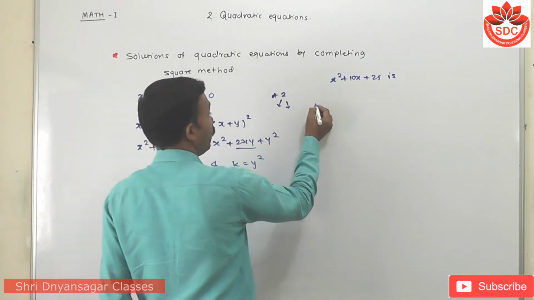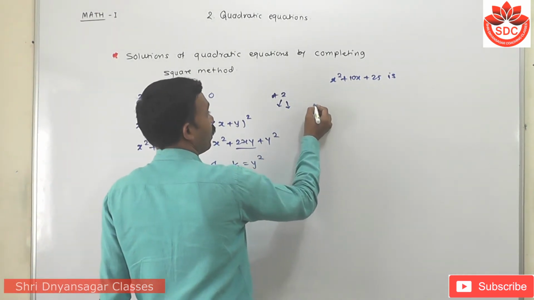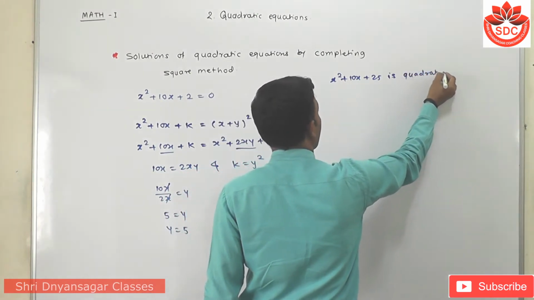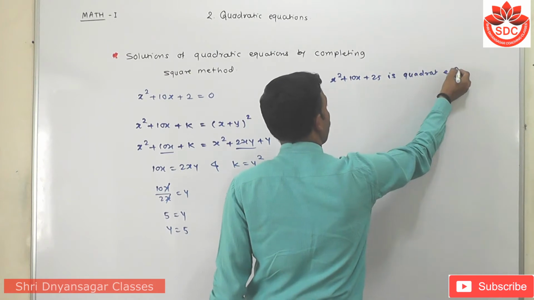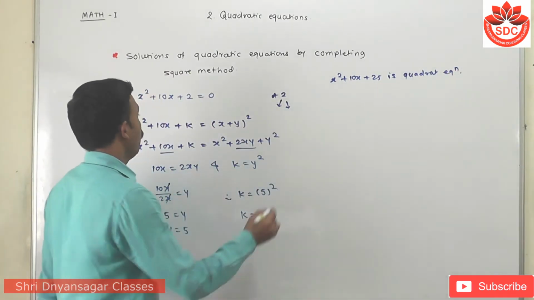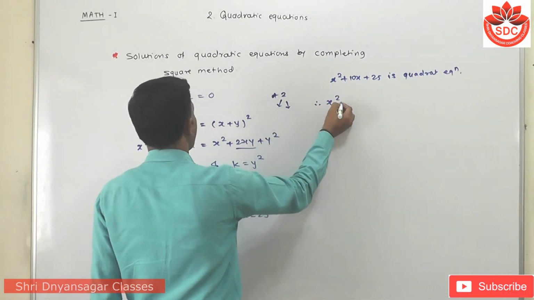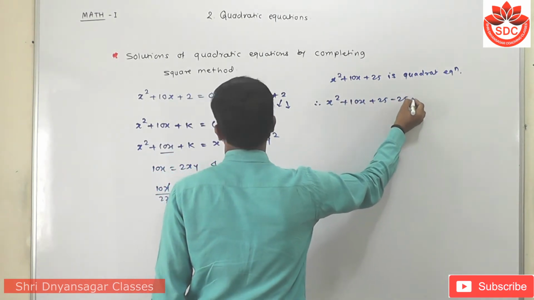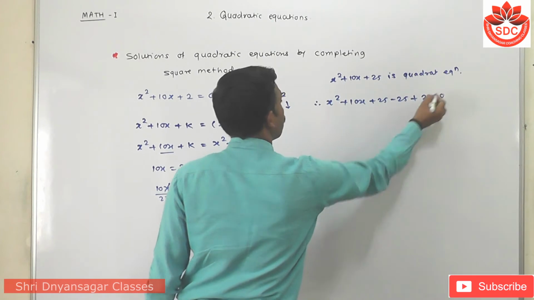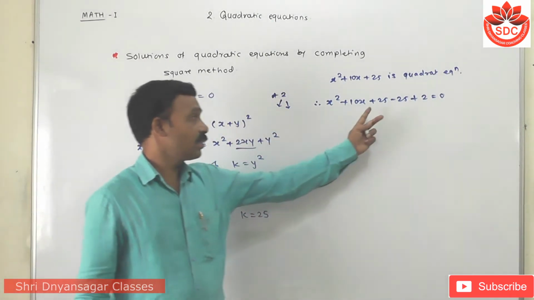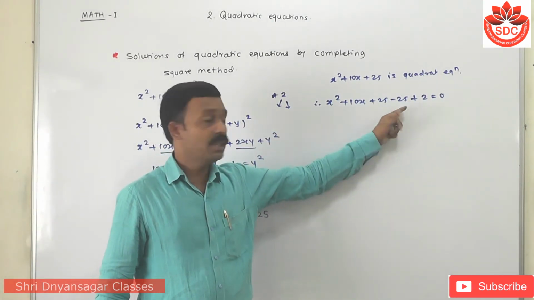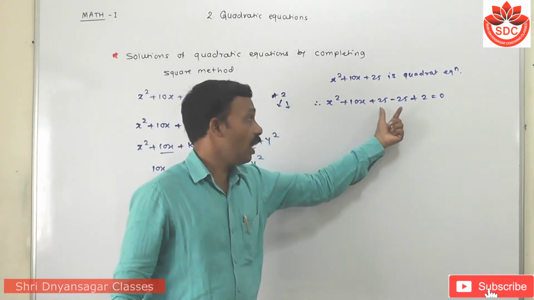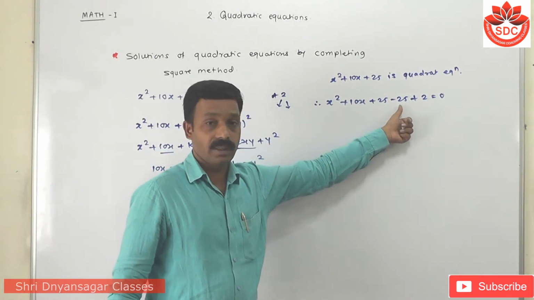So you have to write this equation: x square plus 10x plus 25 minus 25 plus 2 is equal to 0. We split this as plus and minus, like a 0. The equation does not change when we add and subtract these values.